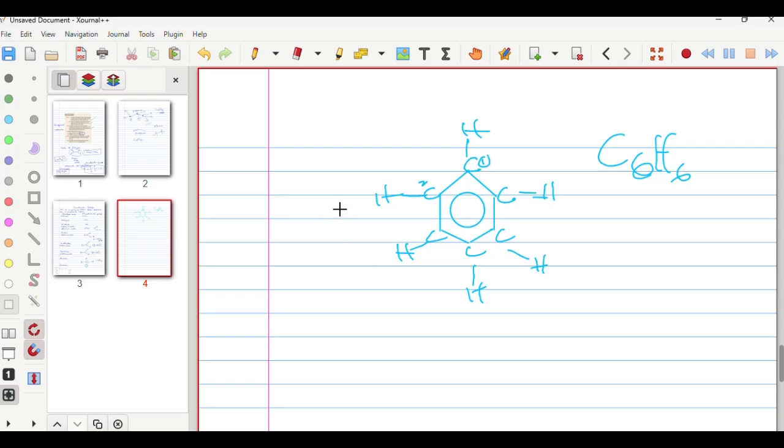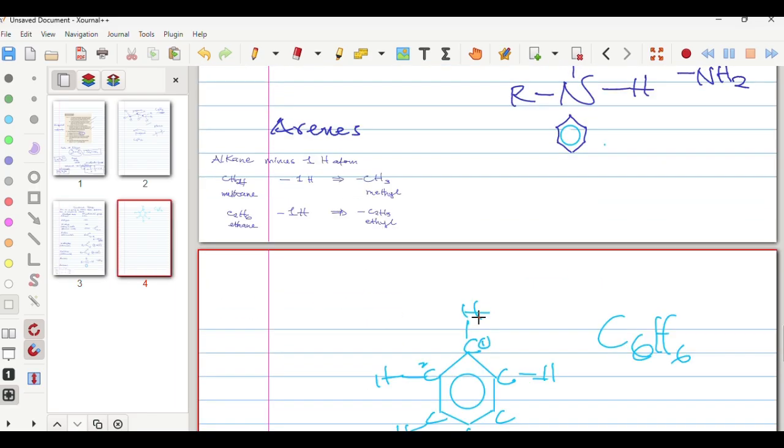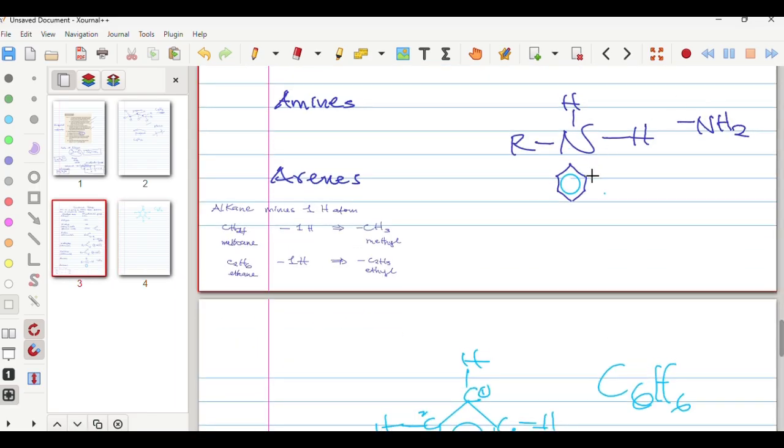Now, we're talking about arene functional groups. This one cannot stay on its own as a functional group. It will be bonded with something. So you will see it this way. When you see something bonded to a benzene ring, it means the compound contains a ring.